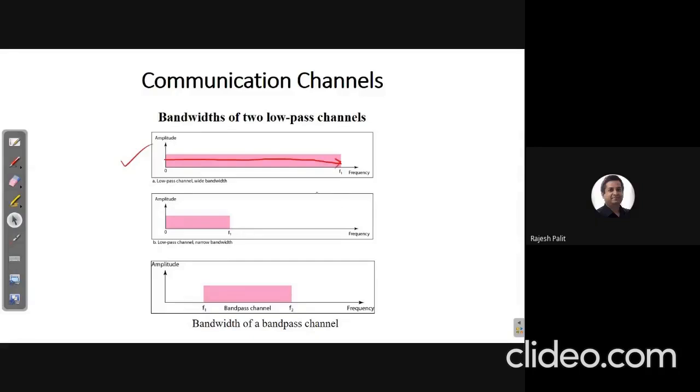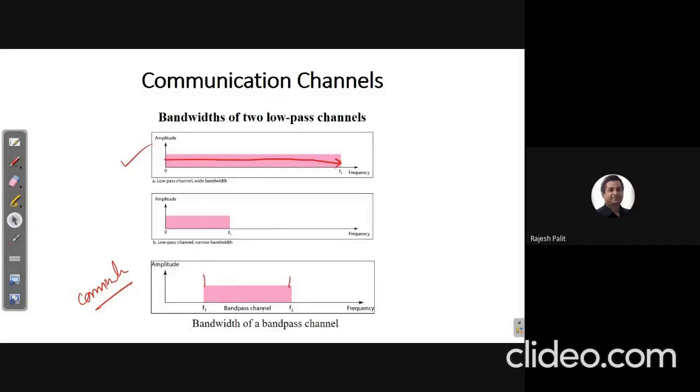But for general communication links, they support, say, from a certain frequency to a certain frequency. The general or natural communication channels are called band pass channels.